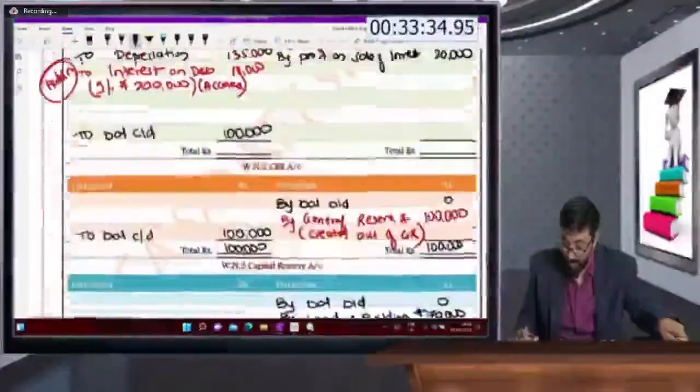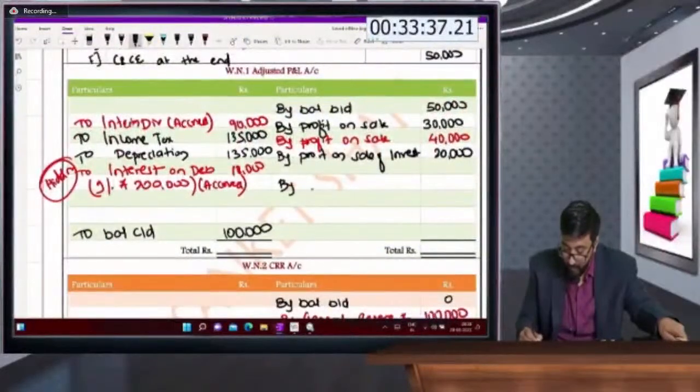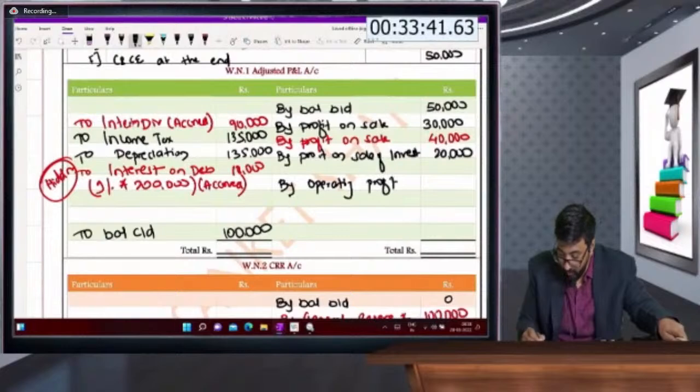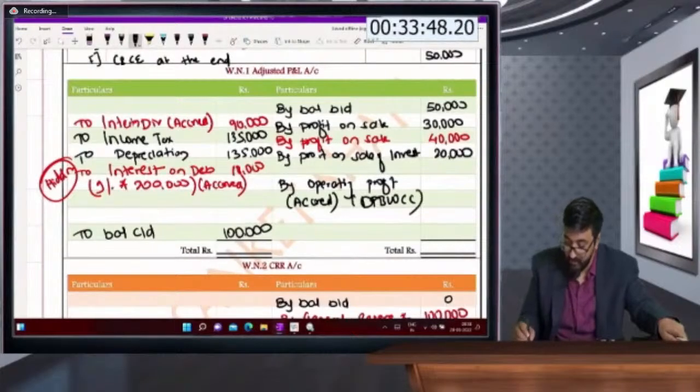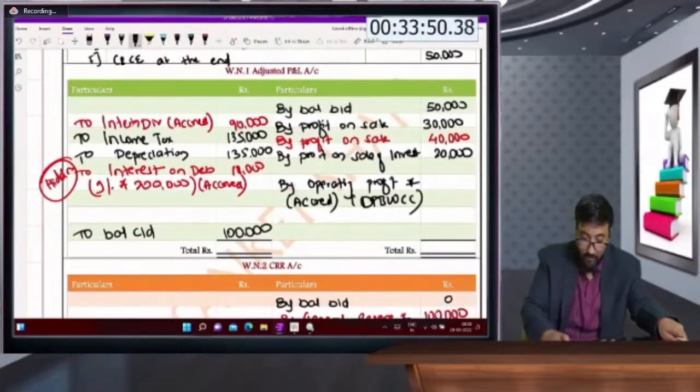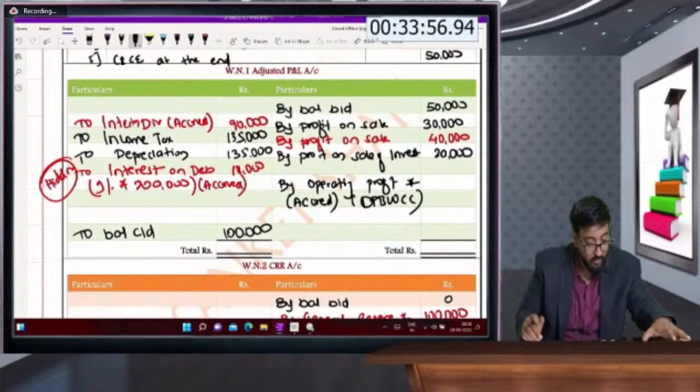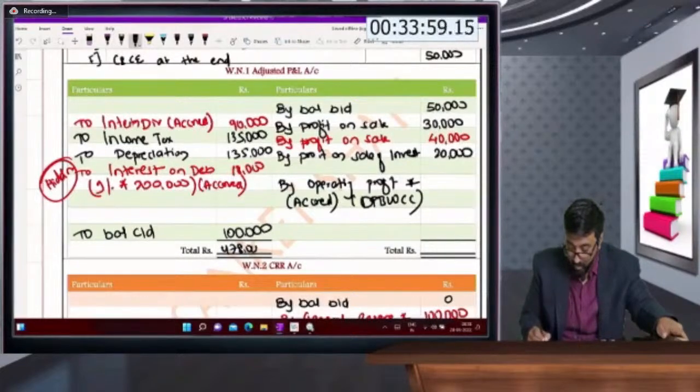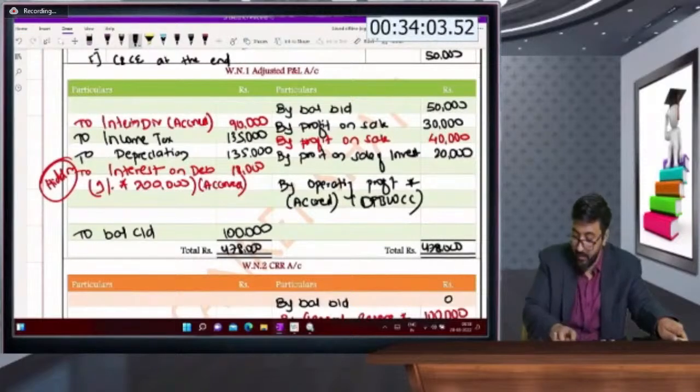And now adjusted P&L by operating profit. This is accrued, which we call operating profit before working capital changes. So see the balancing figure. 90 plus 135 plus 135 plus 18 plus 100 is 4,78,000, minus 50 minus 70 minus 20.